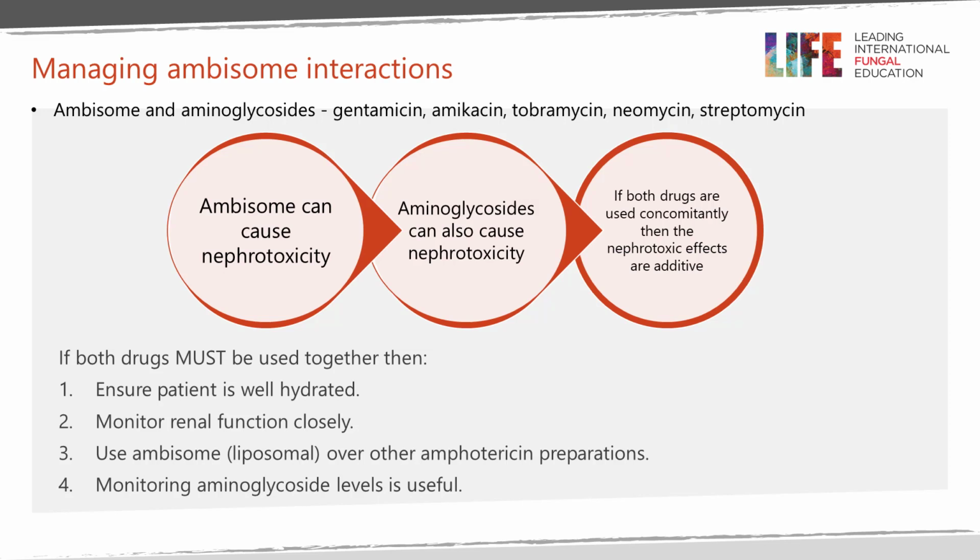If possible, monitoring aminoglycoside levels can be very, very useful. I know in the UK we have guidelines for monitoring aminoglycosides. In other countries, perhaps facilities may not be as readily available, but if possible, monitoring the gentamicin or the amikacin levels is useful, because it can tell you when the patient has a toxic level.